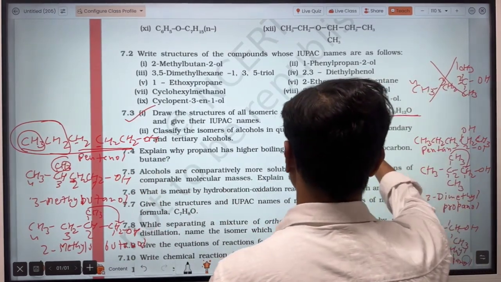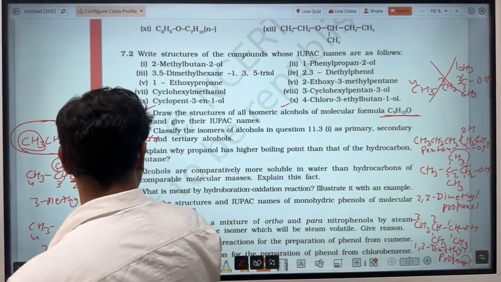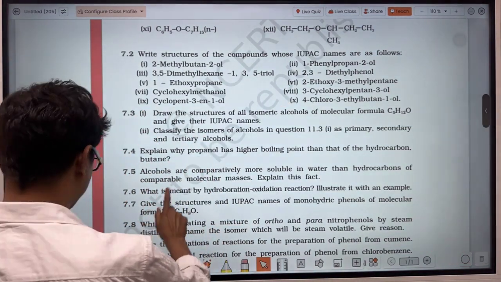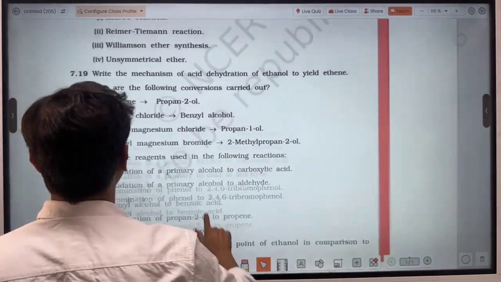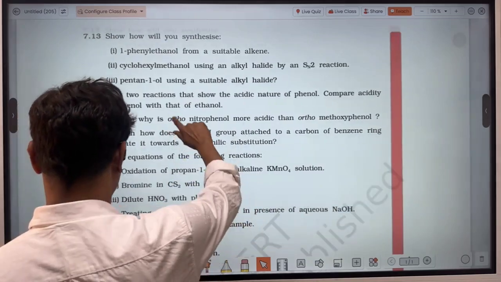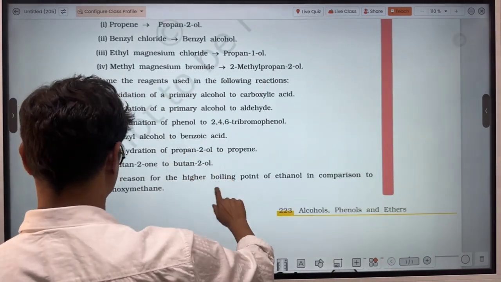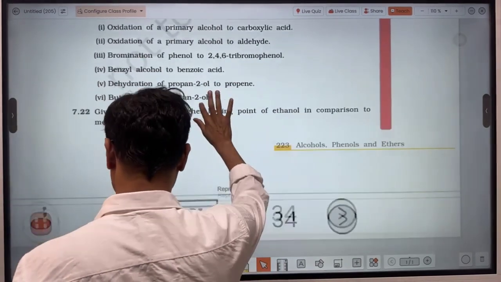Okay, so this one here. Okay guys, now try to solve this question. One minute time I am giving you to solve this question.